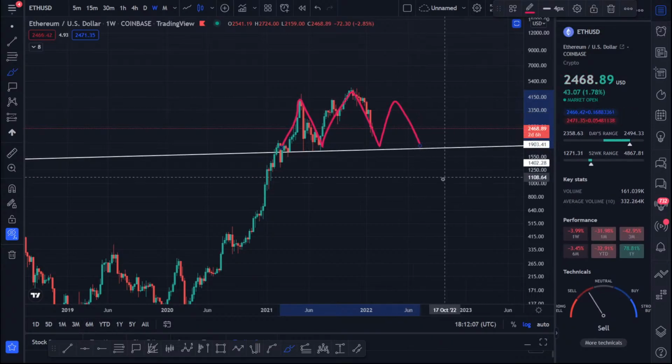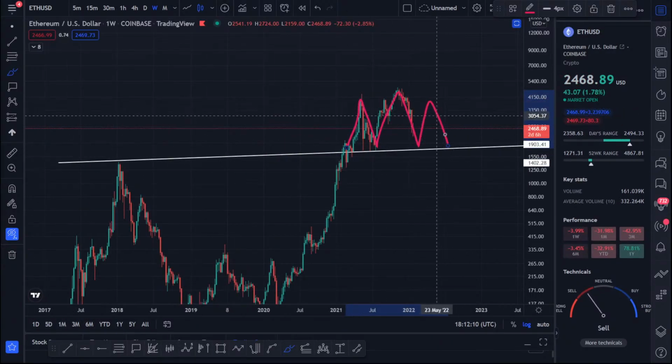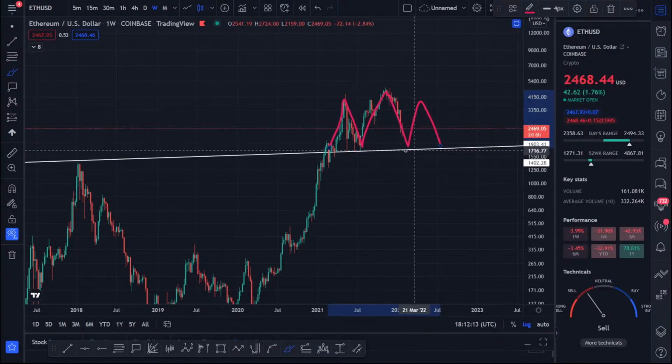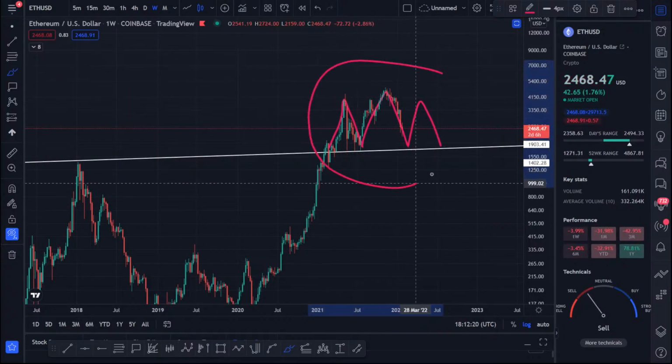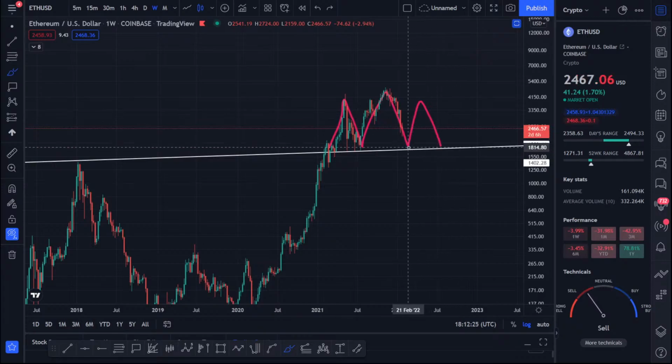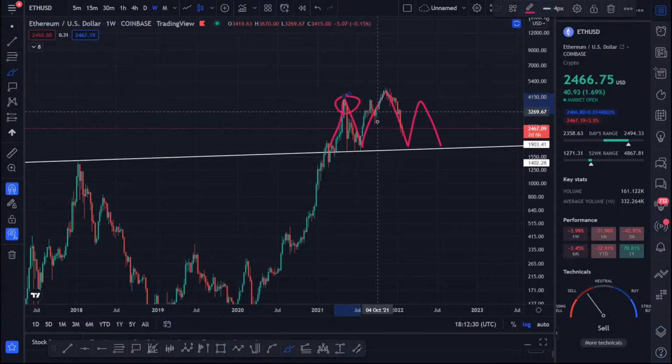Okay, look at this. Now I'm not saying this can happen, the right shoulder. It can certainly break this support and go towards the downside. But if Ethereum is trying to produce this pattern, then we can have another run towards the upside, back to where the shoulder lies.